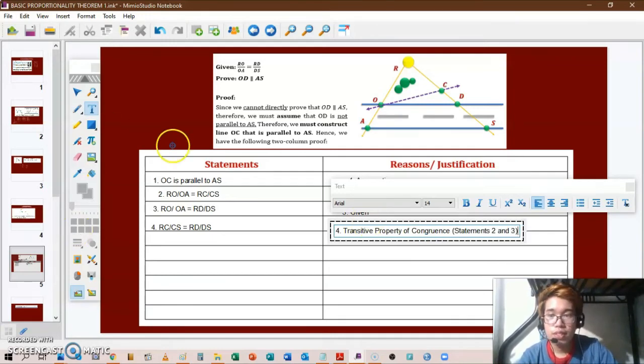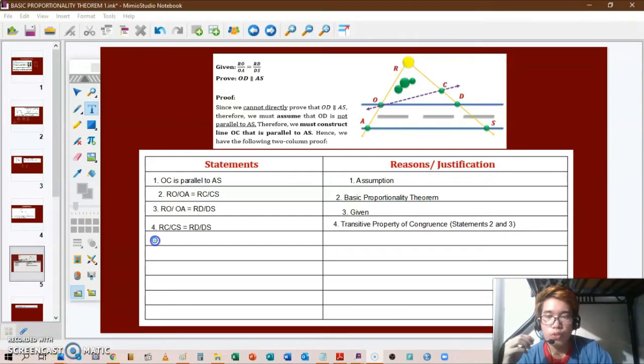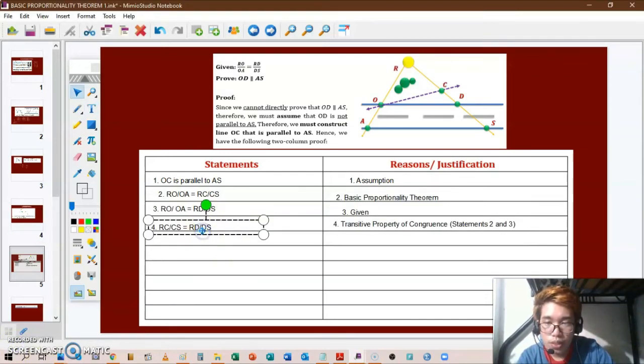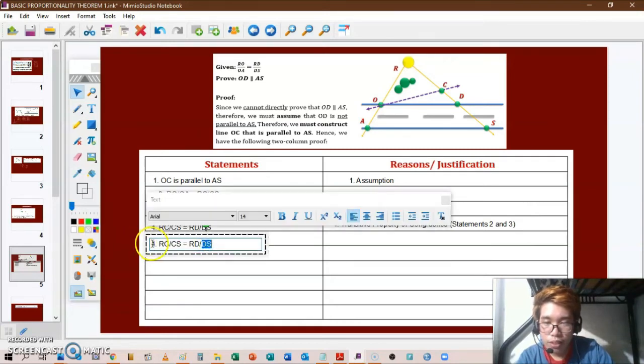For our fifth statement, we copy the fourth statement and paste it here, and we add 1 on both sides.